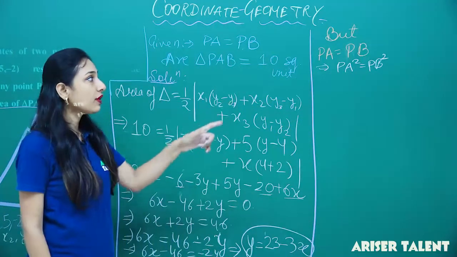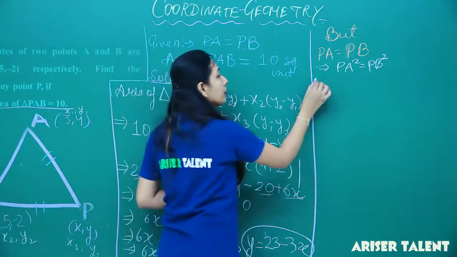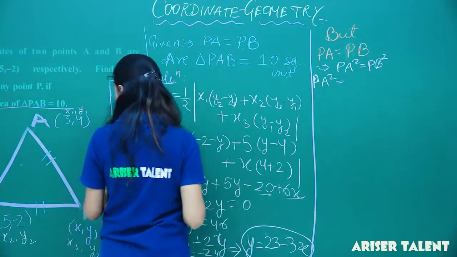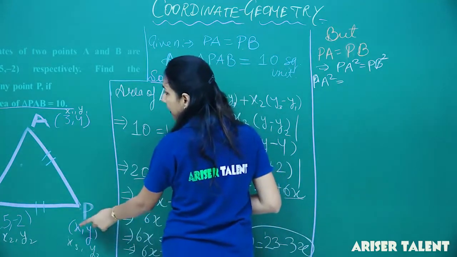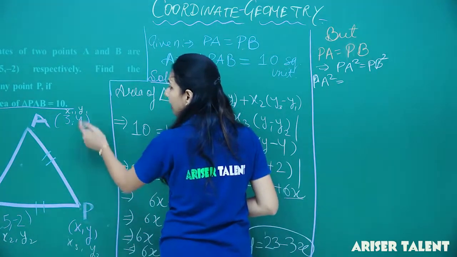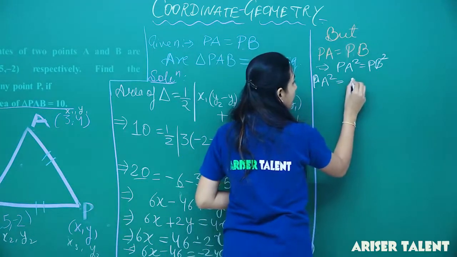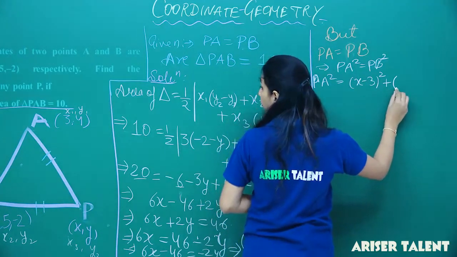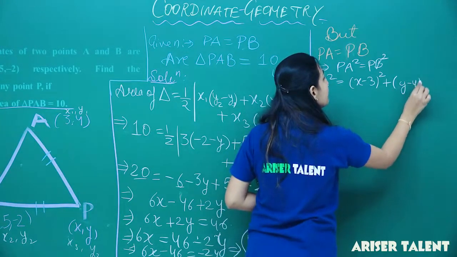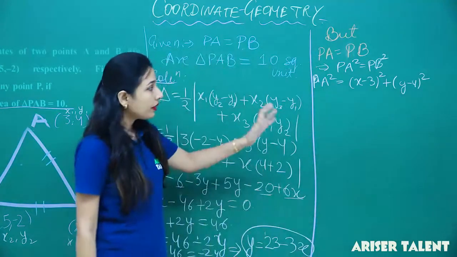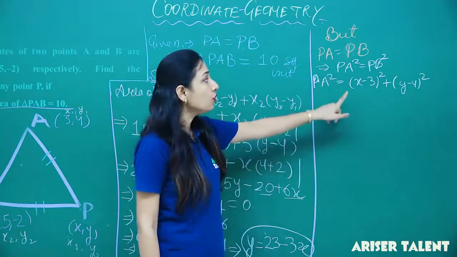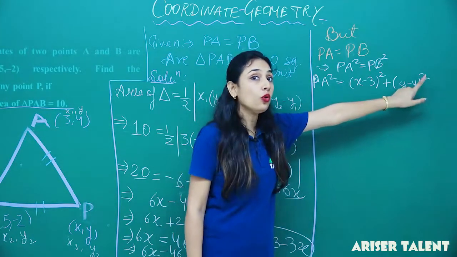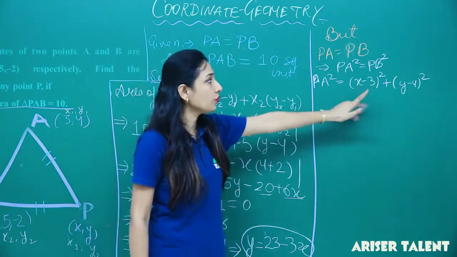So PA square will be, if I talk about P and A, x minus 3 whole square plus y minus 4 whole square. How? Because PA will be equal to root of x1 minus x2 whole square plus y1 minus y2 whole square. So I have just squared it, so the root will be eliminated.